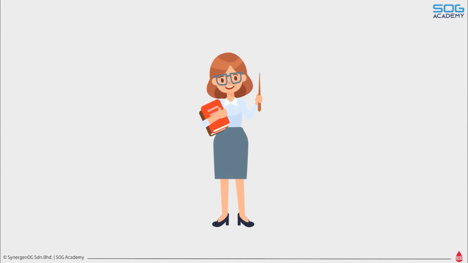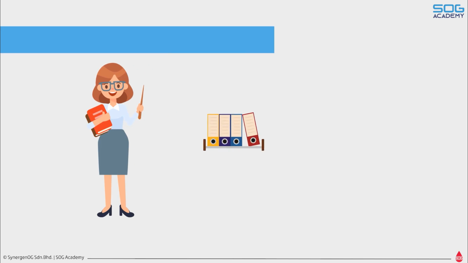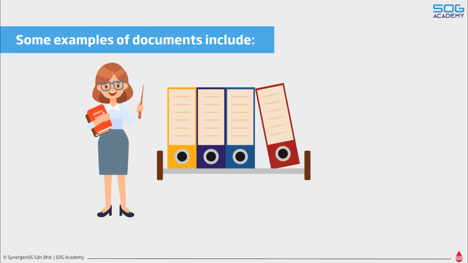Now that we understand the importance of good document, record, and knowledge management, what are some specific examples of documents needed for safe operations?